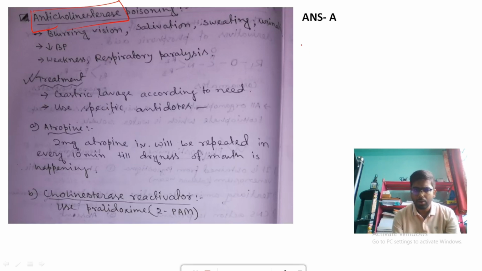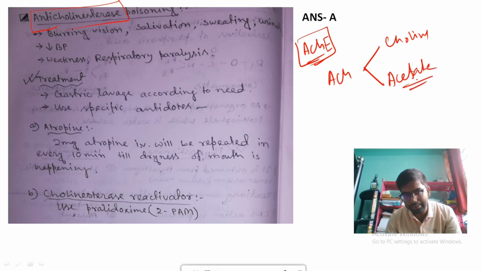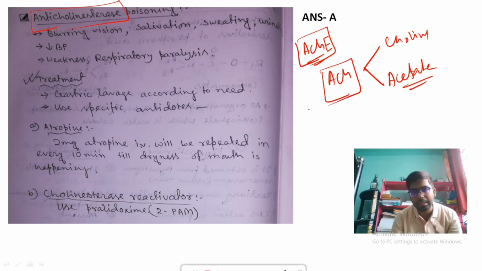Acetylcholinesterase and cholinesterase are enzymes that break down acetylcholine into two parts, choline and acetate, and inhibit the action of acetylcholine. The structure of acetylcholine itself gets broken, so how will acetylcholine work? The job of the enzyme acetylcholinesterase is to break down acetylcholine.